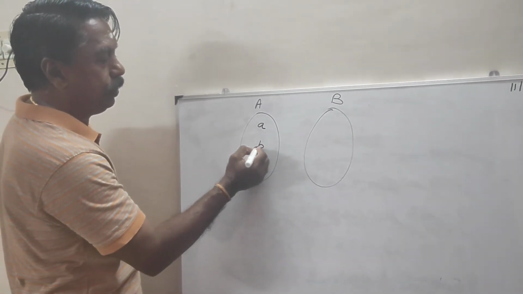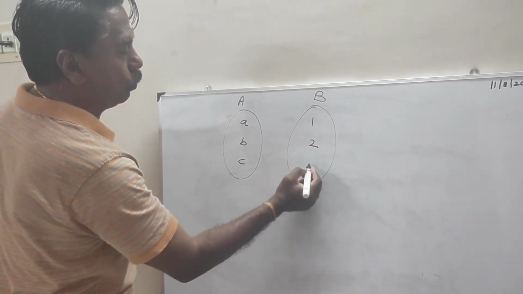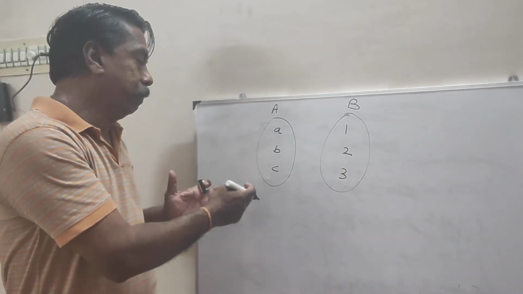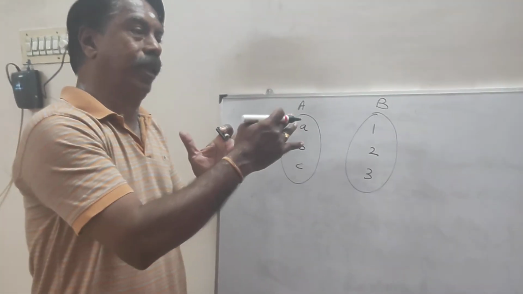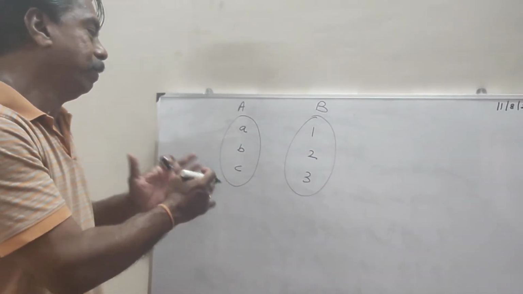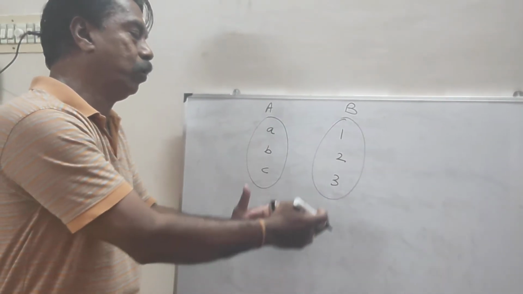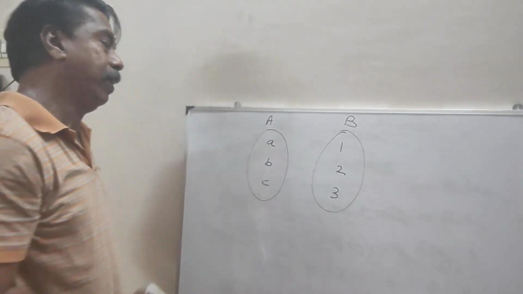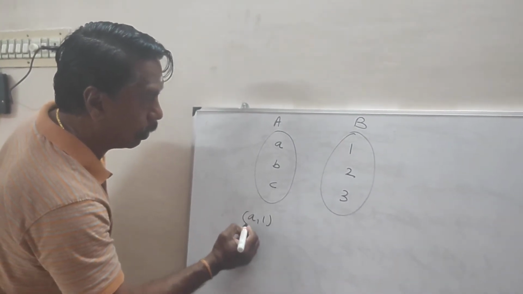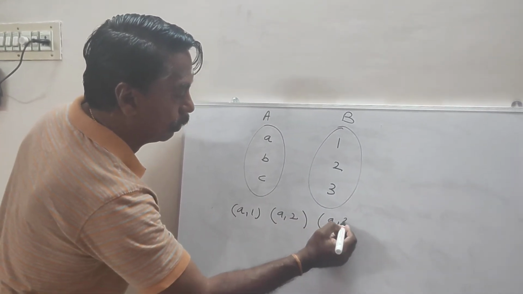Let me take a few elements. A contains a, b and c. B contains 1, 2 and 3. Now, as I said in the previous example, how X selected the 3 games and Y selected the 3 games, in a similar way, from A you take the persons and 1, 2, 3 as the games. Now we can write this as (a,1), (a,2) and (a,3).